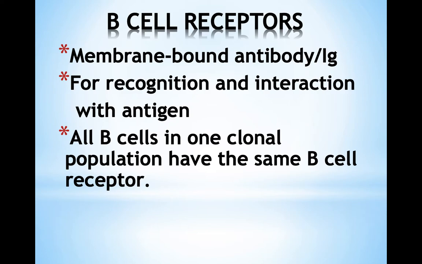These membrane-bound antibodies are dedicated to recognition and interaction with the antigen plus the cell where the antibody, or the B cell receptor, is bound. Also in B cells, as they mature, in the context of a group of B cells maturing as one clonal population, you expect them to have the same membrane-bound antibody, the same B cell receptor in terms of nature and behavior.